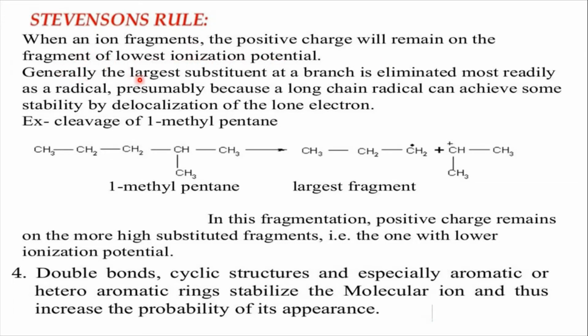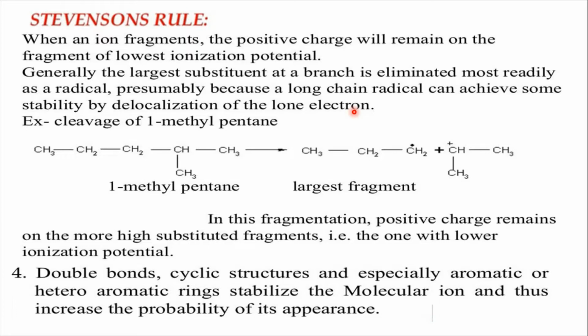Generally, the largest substituent at a branch is eliminated most readily as a radical, presumably because a long chain radical can achieve some stability by delocalization of the lone electron. Stevenson's rule is a very important rule in the fragmentation in mass spectrometry.